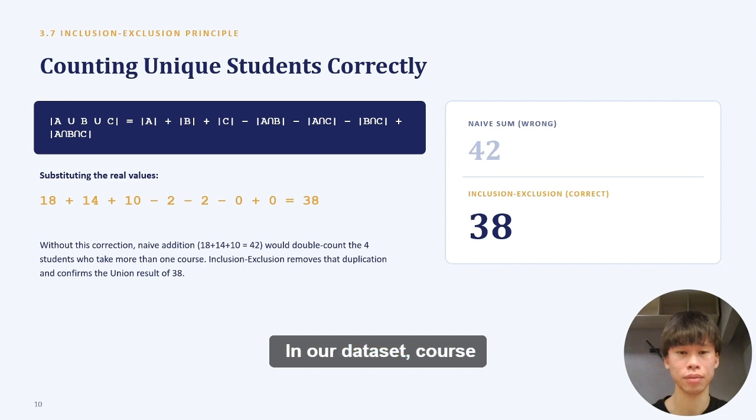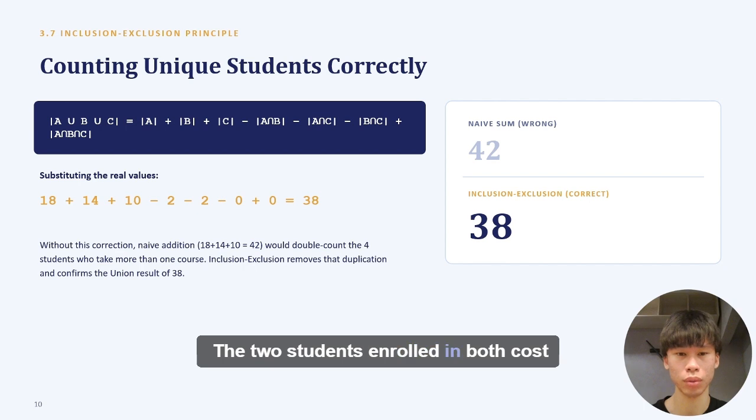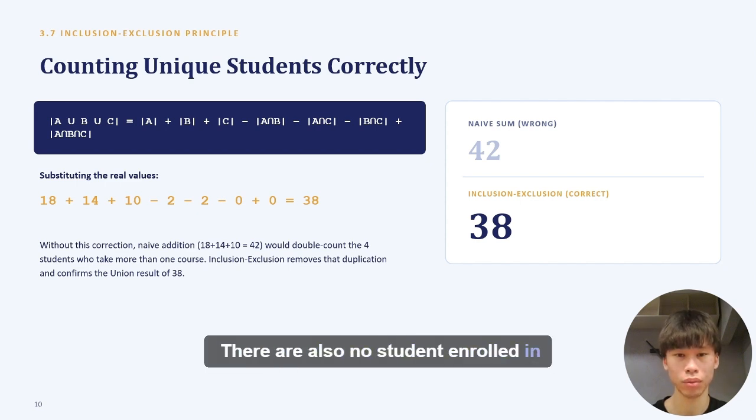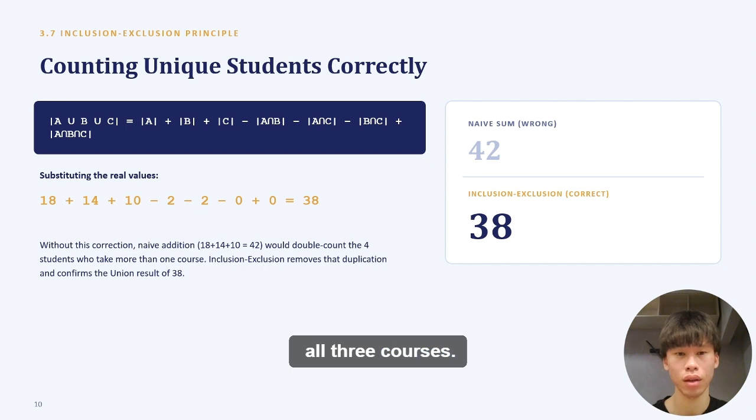In our dataset, course A has 18 students, course B has 14 students, and course C has 10 students. There are two students enrolled in both course A and course B. There are two students enrolled in both course A and course C, and no student enrolled in both course B and course C. There are also no students enrolled in all three courses.